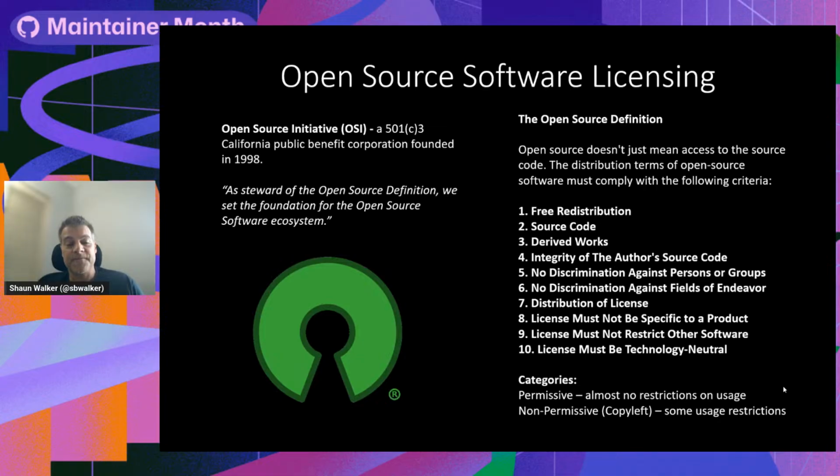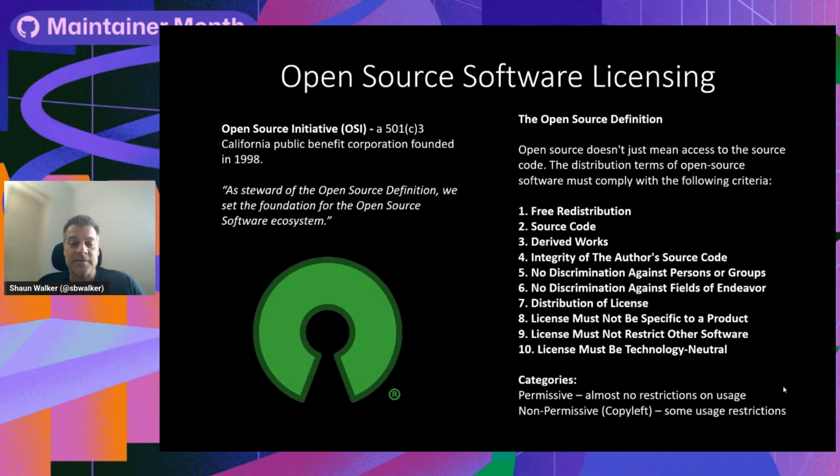So one of the fundamentals of open source is licensing. I think the definitive source for open source licensing is the Open Source Initiative, the OSI, which has been around for a long time.